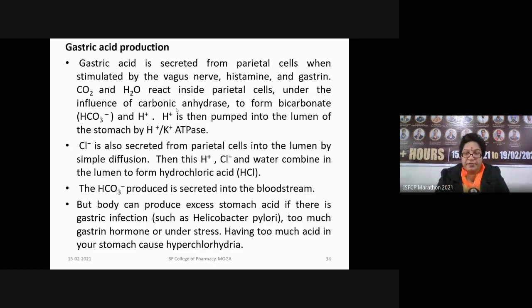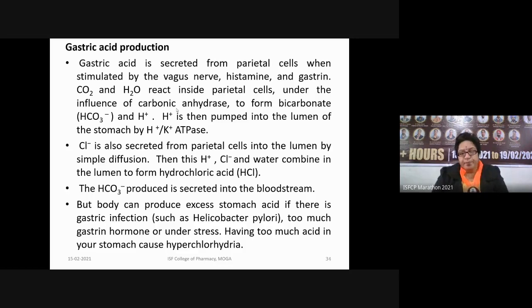Number one is some gastric infection because of Helicobacter pylori. Number two, too much gastrin hormone. And number three, if we are under stress, then acid will be formed in excess. Having too much acid in your stomach will lead to hyperchlorhydria.